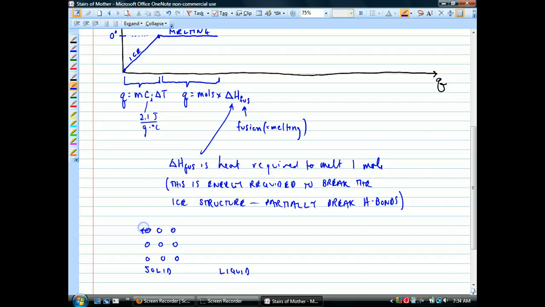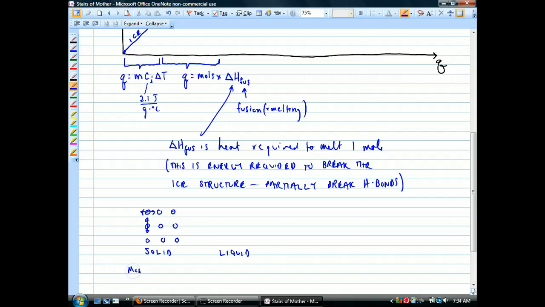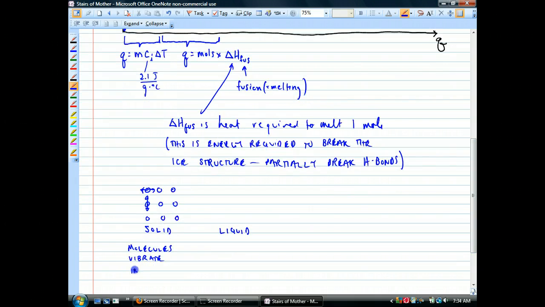They are able to vibrate in place. That's all they can do because they can't move around. They can't slide around one another. They're stuck. They can just vibrate in place. And this is actually why solids have a low entropy, because there's only so many ways to distribute the energy in the material if the only way they can have energy is through vibrational energy states.